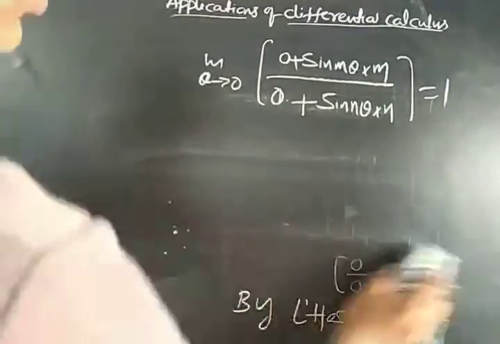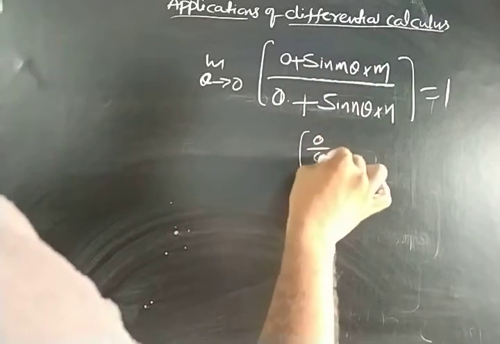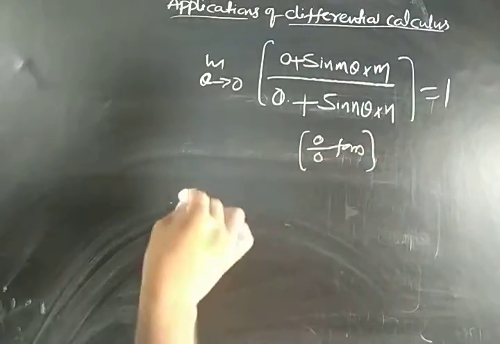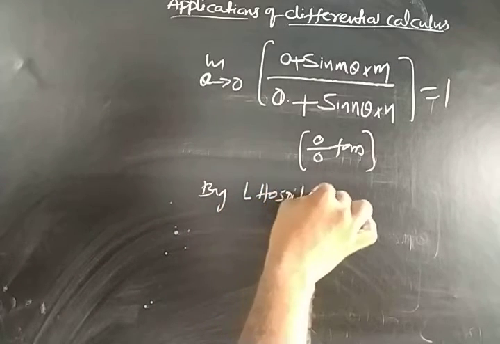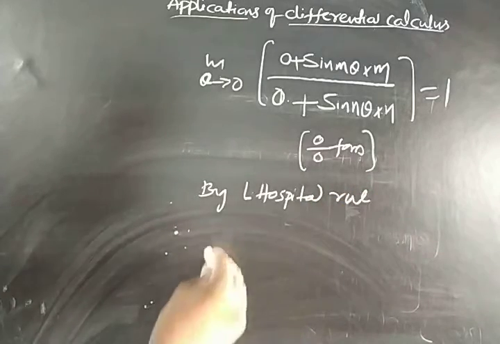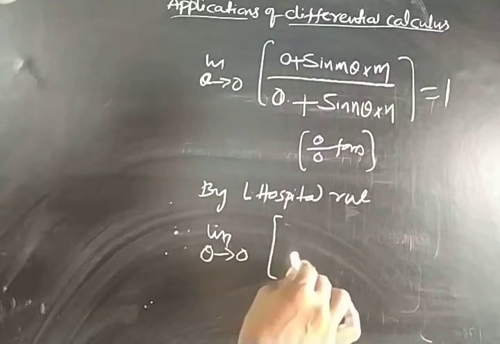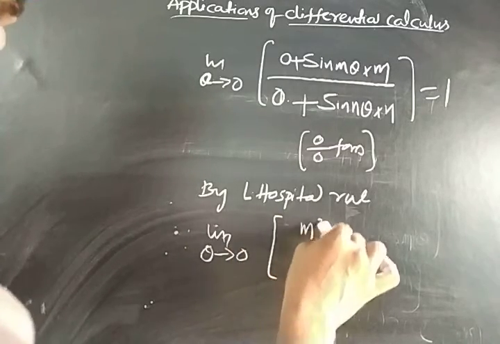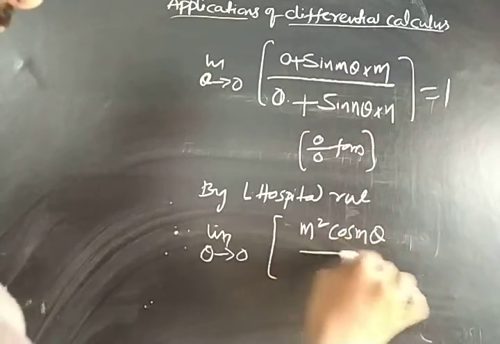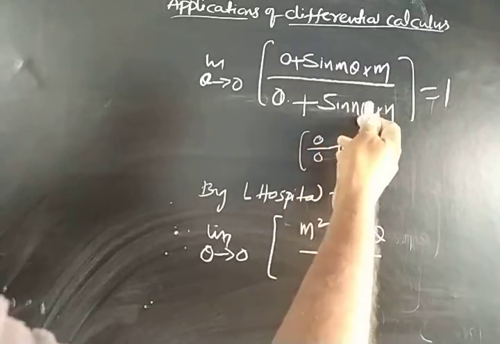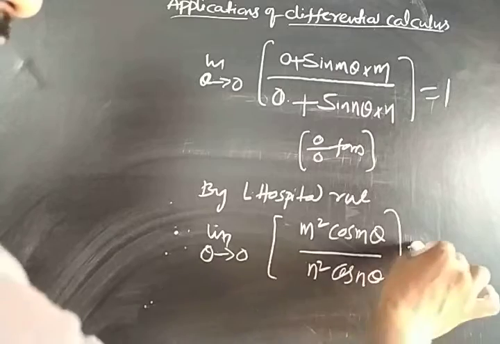Again by substituting 0, sin 0 is 0, again 0 by 0 form, so again by L'Hospital rule, we can write limit theta tends to 0 of m square cos m theta by n square cos n theta is equal to 1.